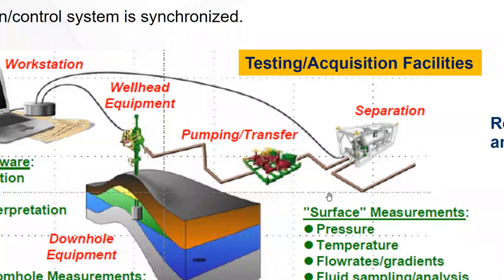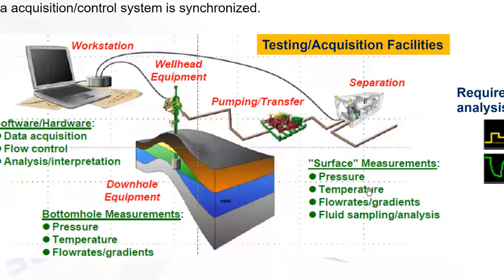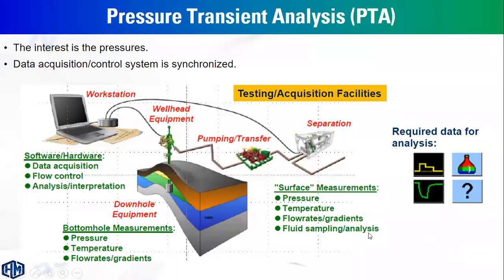You may have a set of well testing surface equipment, like the separation system, the transmission, and so on. So at the surface, we have to have surface measurements regarding the surface flow rates and also surface pressure, upstream and downstream pressure, and so on.